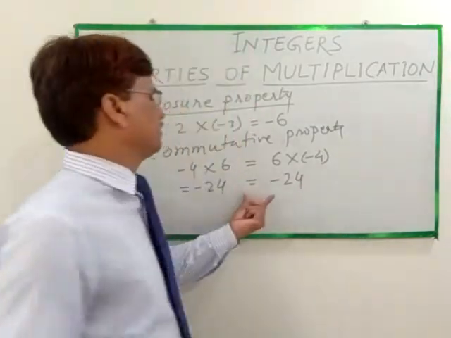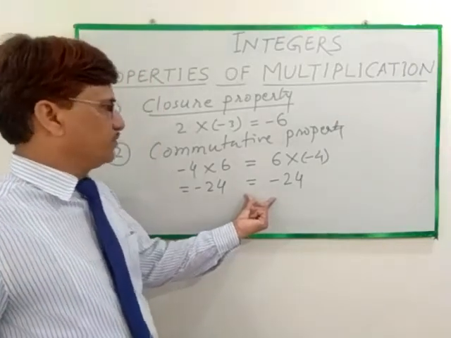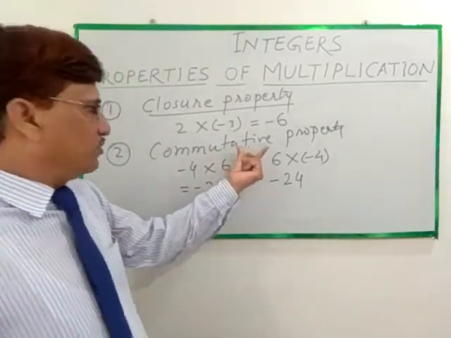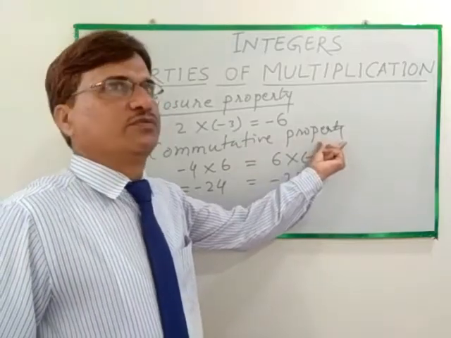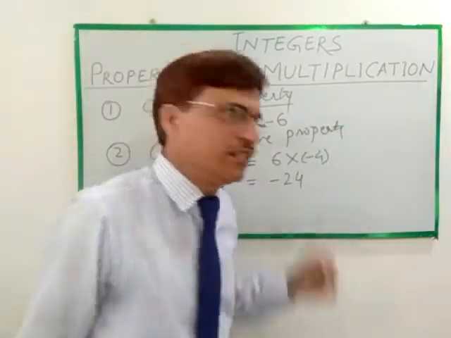We get the same result. This means multiplication is commutative for integers.